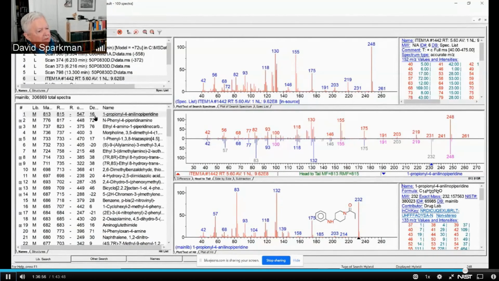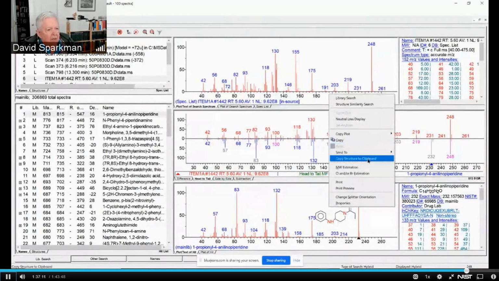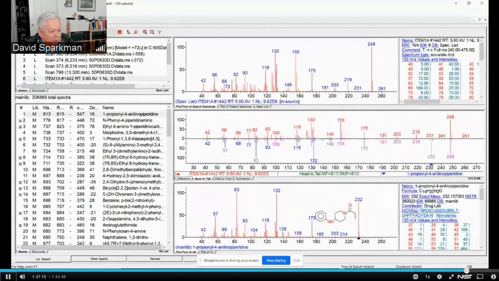So what I'm going to do is adjust this structure. I'm going to take this structure and copy it to the Windows clipboard.